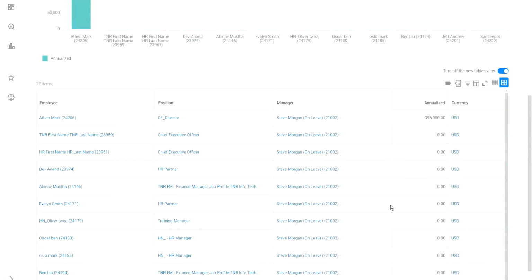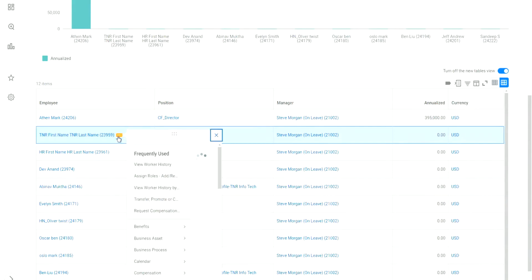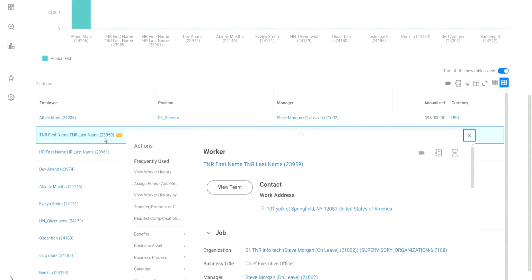And here, if you notice closely, you see each of these values that we have, like the employee, the position, the manager, all of them are links, right? So I can straight away take some action on these workers. Isn't it? That is what I meant when I said that the users can take actions from the report output itself.